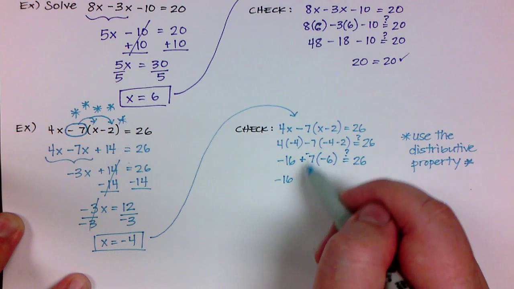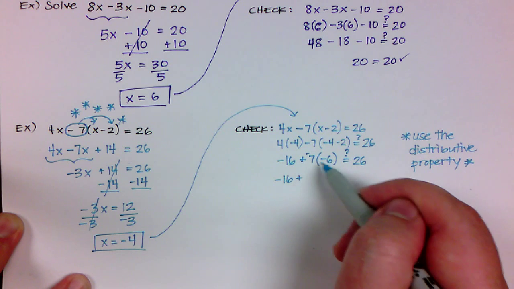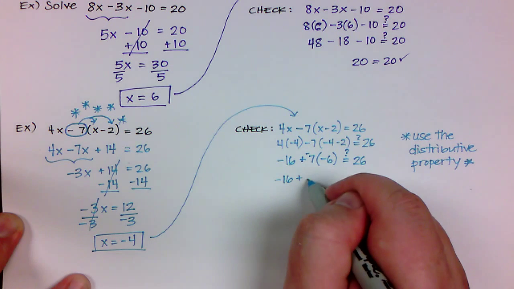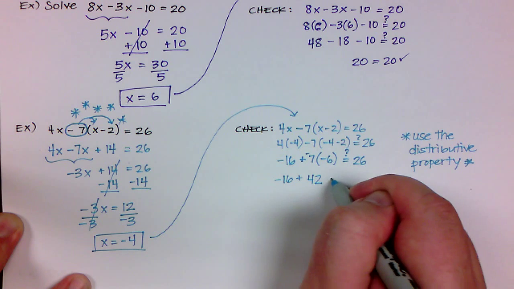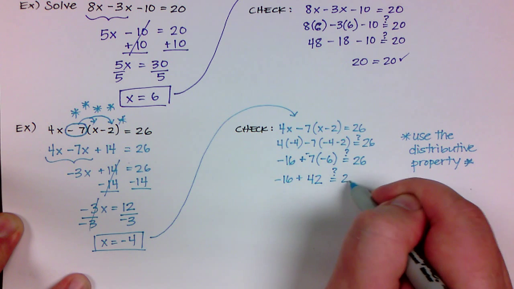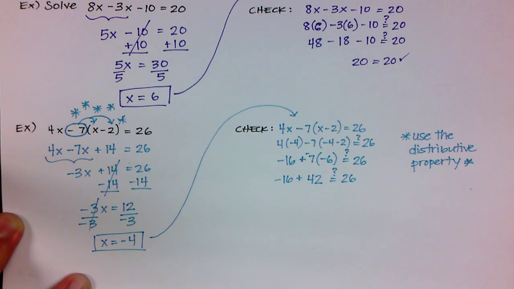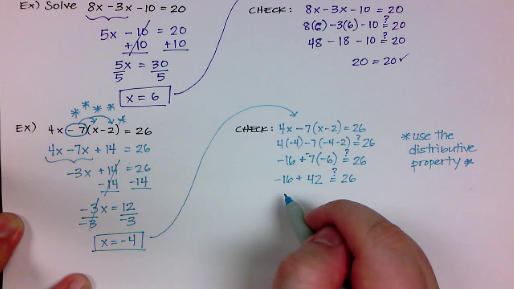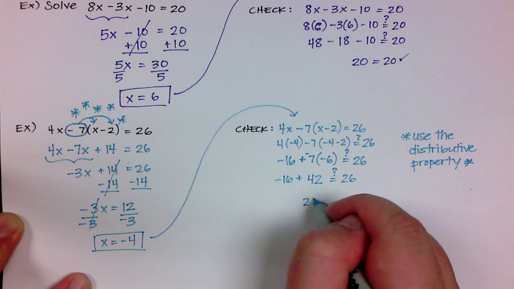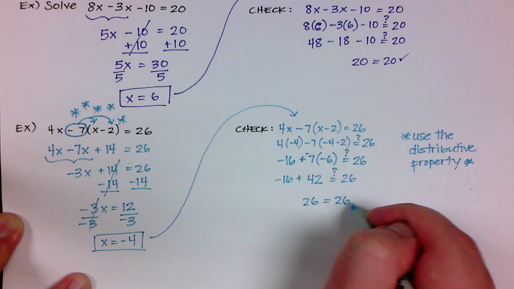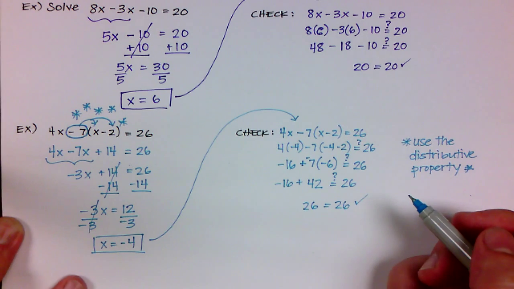So now really I have plus, what is negative 7 times negative 6? Well, that's 42. So now it's looking more like I possibly got the correct answer. Negative 16 plus 42 is 26. So I did find my correct solution.